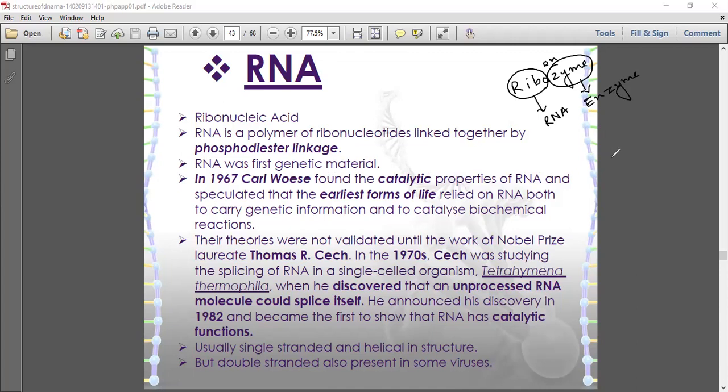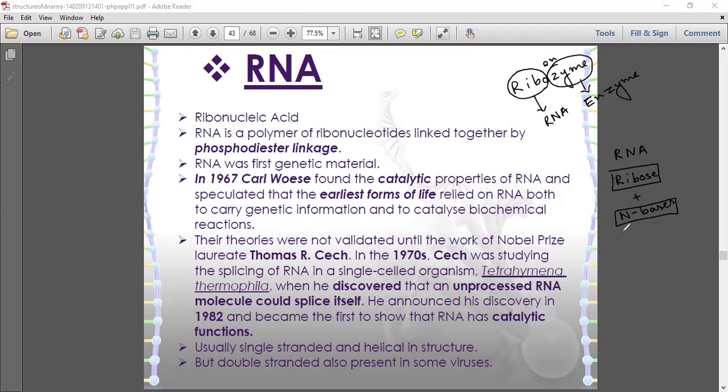Apart from that, RNA is made up of, I would like to add here, ribose sugar plus nitrogenous bases. Now, one difference between RNA and DNA is this, that deoxyribose versus ribose. The second difference lies here.